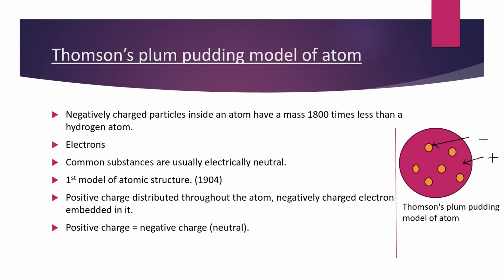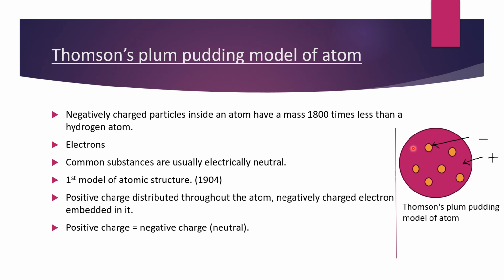So what is next? The scientist J.J. Thomson found negatively charged particles that reside inside an atom, and these have a mass about 1800 times less than a hydrogen atom. So the next important research found a negatively charged particle inside an atom.